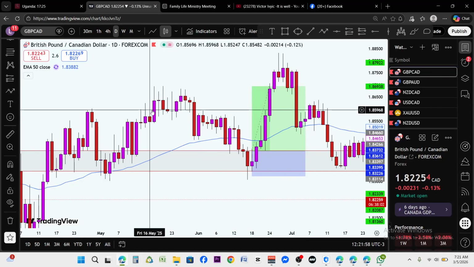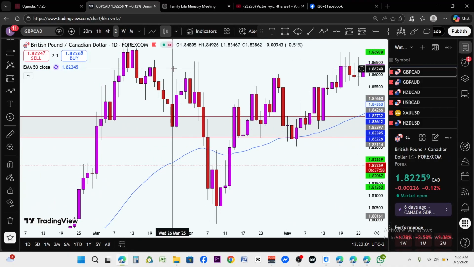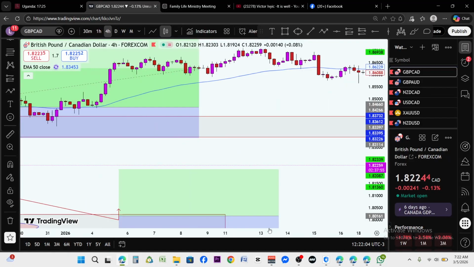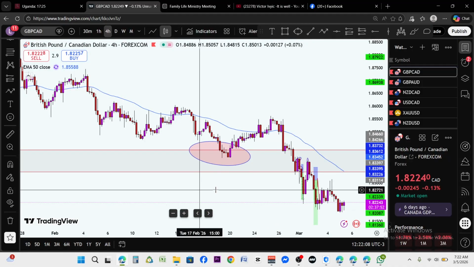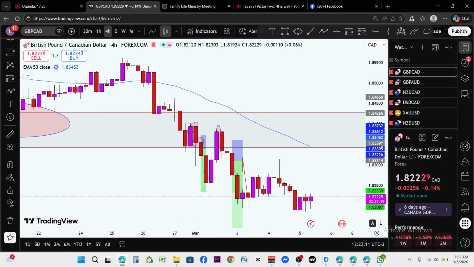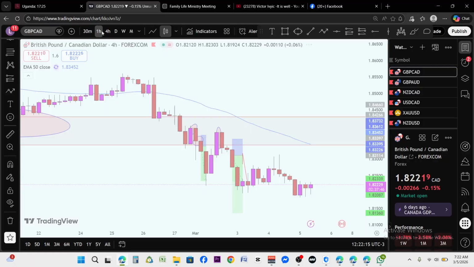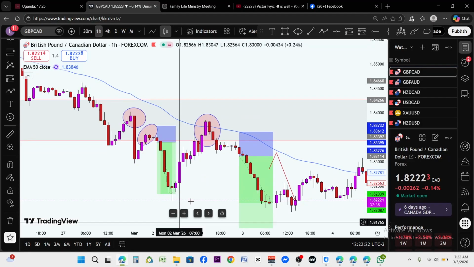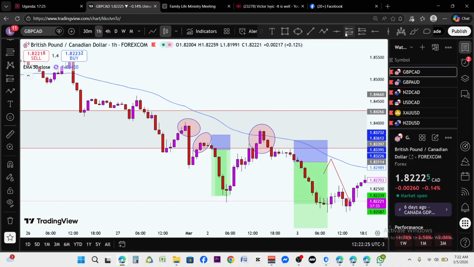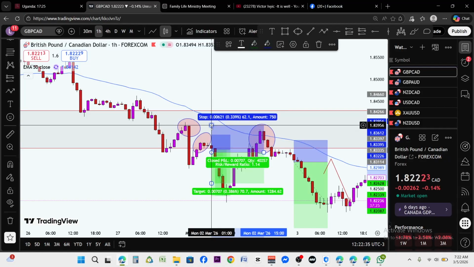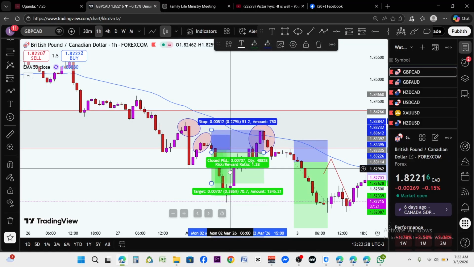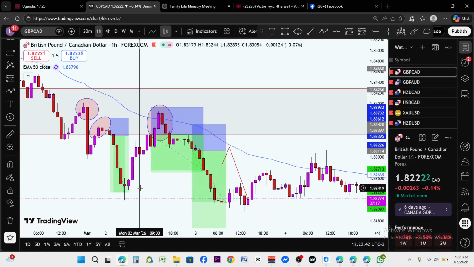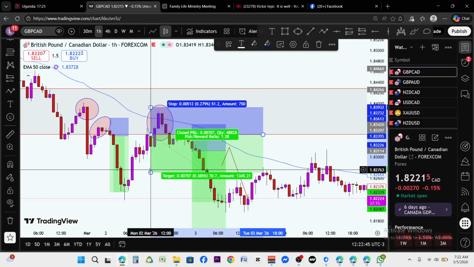Then your resistance: the resistance I enter here, my stop loss somewhere here, and target here, and target 2:5.